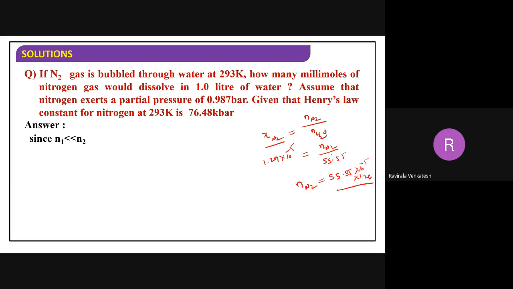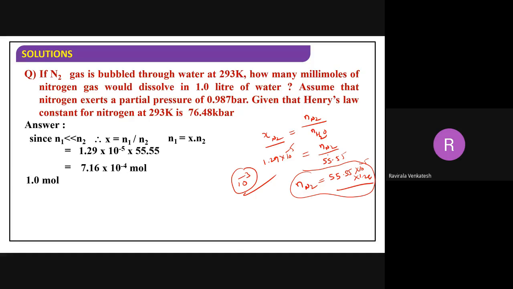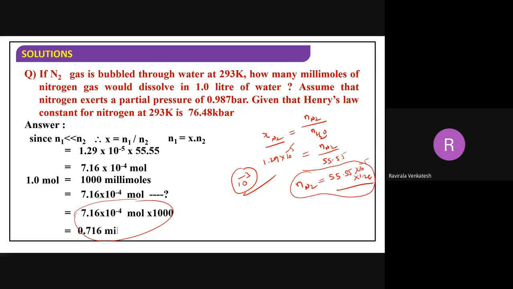Now we got the number of moles, but they are asking millimoles. Convert that into millimoles by multiplying by 10 to the power of minus 3. In this way we are going to get the answer, 716 millimoles. Very simple problem, but lengthy it is.